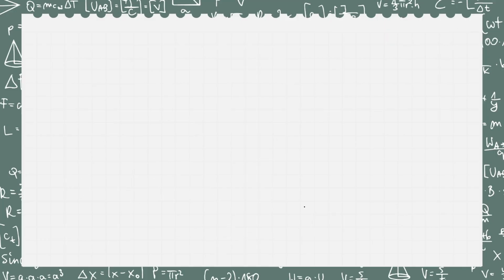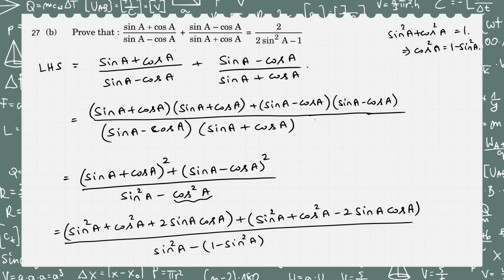Let us continue. The numerator had sin square plus cos square, right? These two will be 1, and these two also will be 1. So the numerator can be written as 1 plus 2 sin A cos A plus 1 minus 2 sin A cos A by the denominator, right?